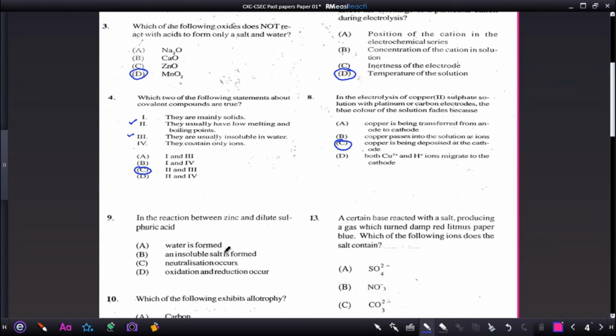So no water is formed there. And no insoluble salt is formed, the salt formed is zinc sulfate. I remember that all sulfates are soluble except calcium, lead, barium, and silver. So it's not B, neutralization occurs. It's not a neutralization reaction because no water was produced.